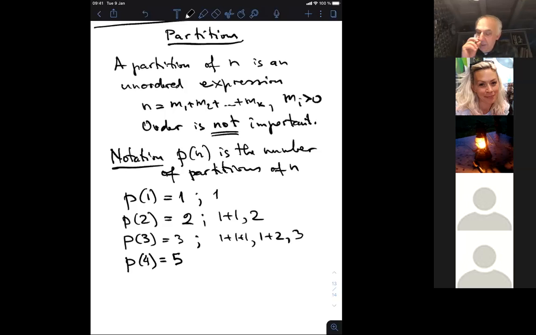I'm saying that there should be 5 partitions of the number 4. Which do we have? We have 1 plus 1 plus 1 plus 1, of course. Then we have two 1s and a 2. Then we have 1 and a 3. Then we have two 2s. And finally, we have a 4.